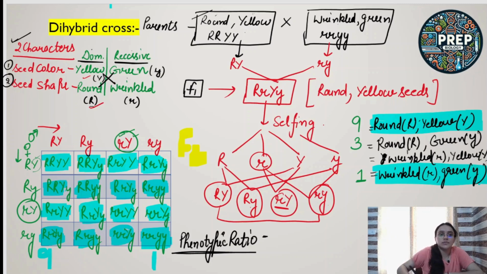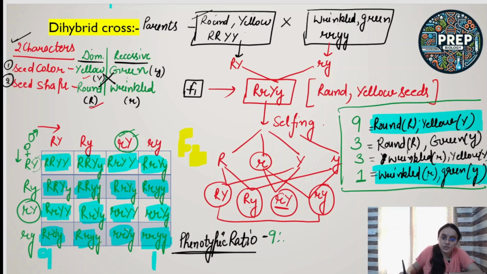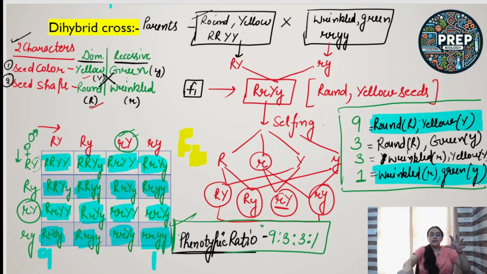So like this we complete the ratios. So we have 9 ratio 3 ratio 3 ratio 1. So this is the phenotypic ratio of dihybrid cross. Like this dihybrid cross we do.